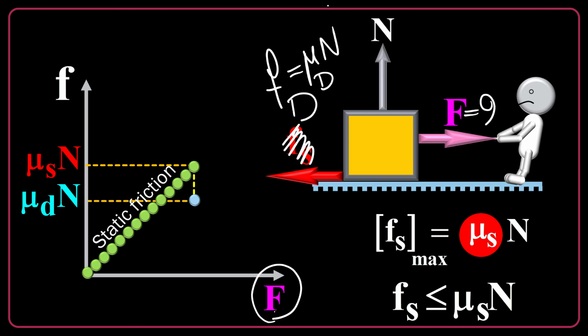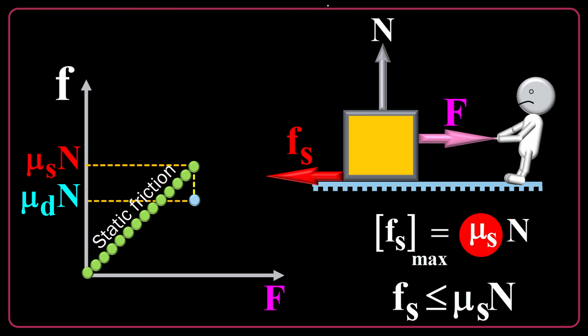So it will be mu d times n, and the object will accelerate. So if you increase your force, the dynamic friction won't increase. It is always mu d times n. So according to mu s and mu d, you can determine if the object moves or if the object will keep the rest position.